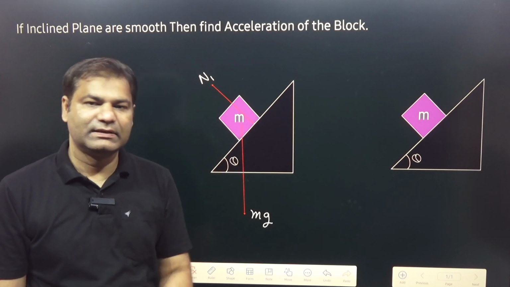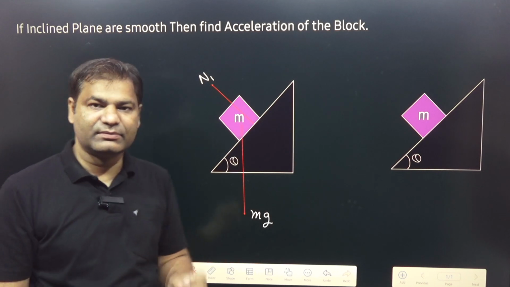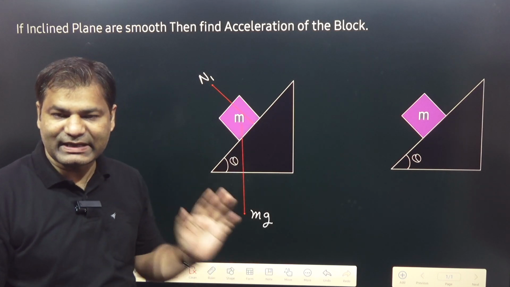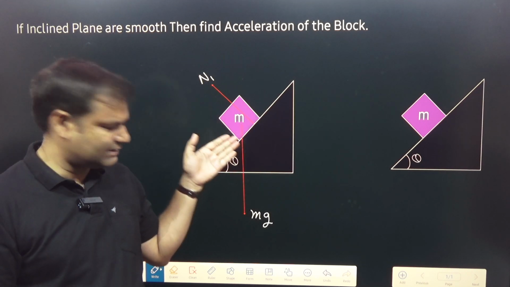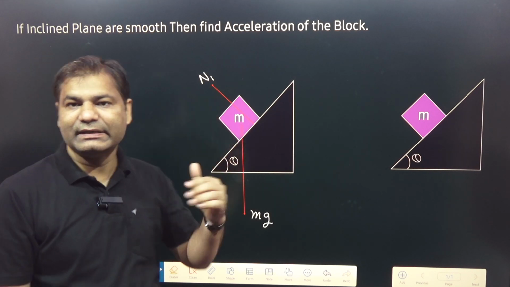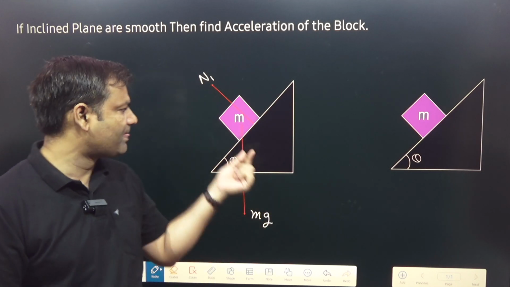Now, after that, this force is represented here and that force is represented here. Both are not in the x direction or the y direction. You can say that this one is in the y direction, but that one is not in the x or y direction. Now, what is the motion of this mass?